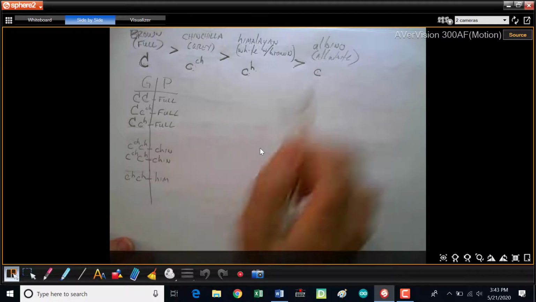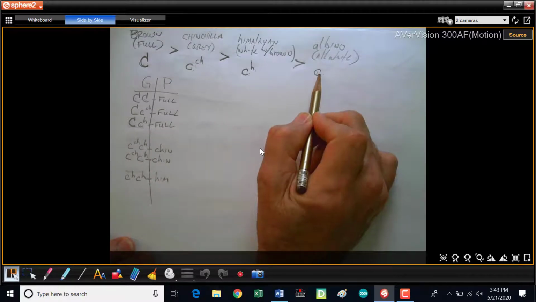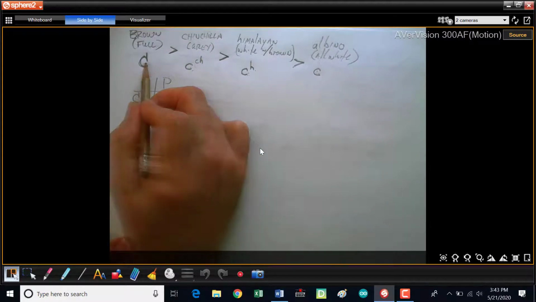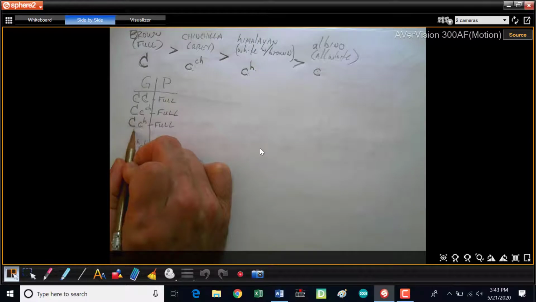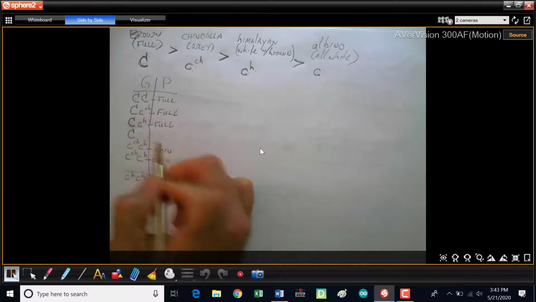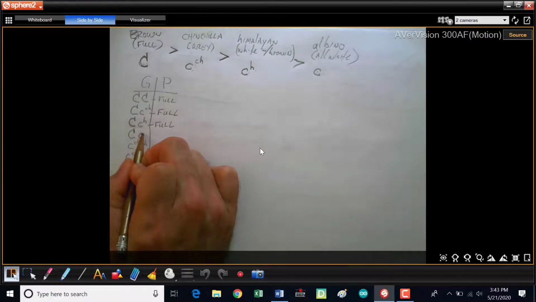So now that we've introduced this 4th allele that is recessive to the full color, it means there's a 4th way to be full color. You could have a full color gene as your most dominant gene and an albino gene as your recessive.